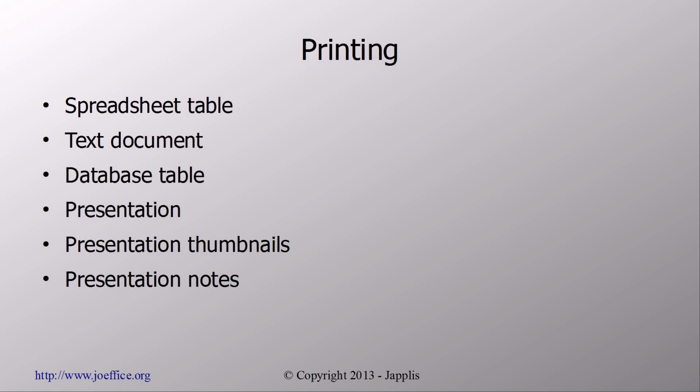So just by adding this property, I can now print in this office, in the spreadsheet and in the text document. You can also print the database, what you're seeing. It's also just a JTable. For the presentation, you've seen I've printed one slide, but you can also print the thumbnails. It's also a Swing component, and you can also choose to print the presentation notes.